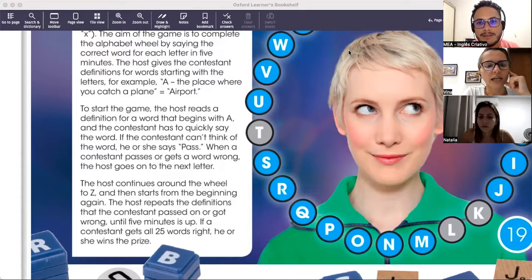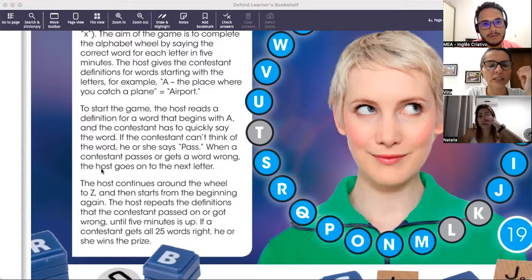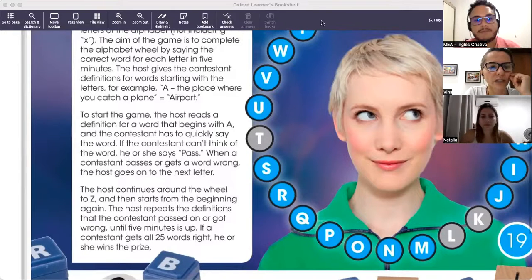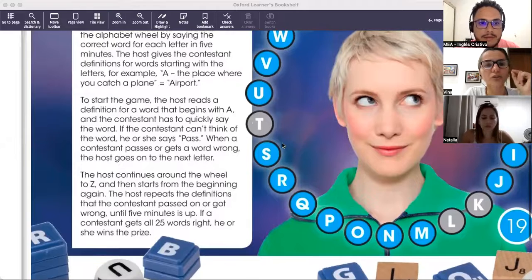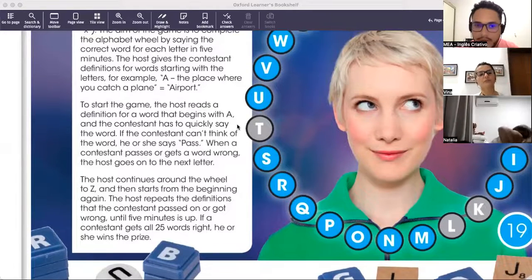When a contestant passes or gets a word wrong, the host goes on to the next letter. Very good.